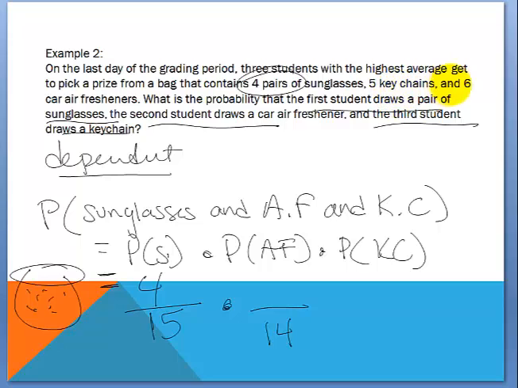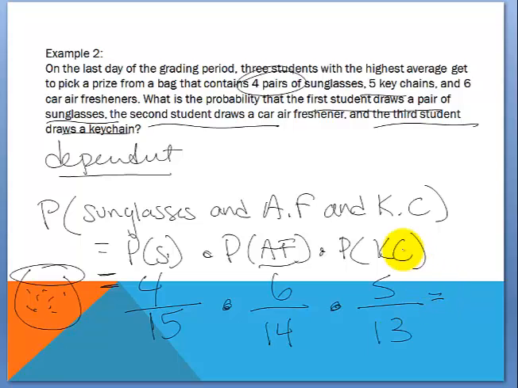So we have keychains and air fresheners. There's 6 air fresheners. So there's 6 ways to choose, and there's 14 items in total. Now, we have a keychain. Well, there are 5 keychains, and there's now only 13 items. So the reason why this is dependent is because that sample space is changing, and it's changing based on the fact that some other event already occurred.